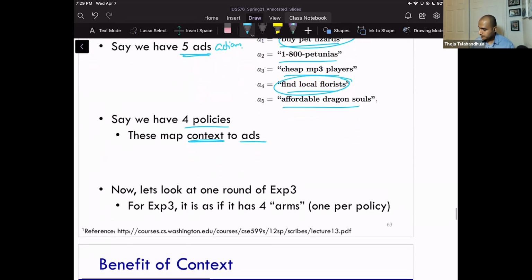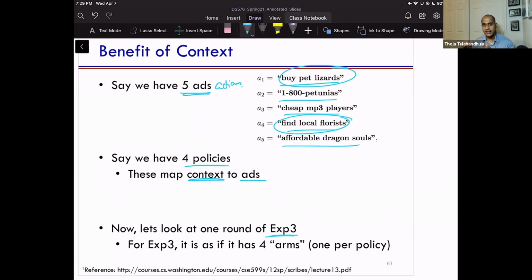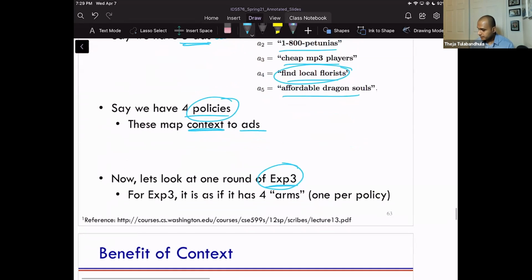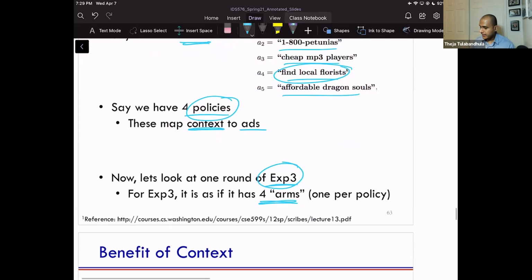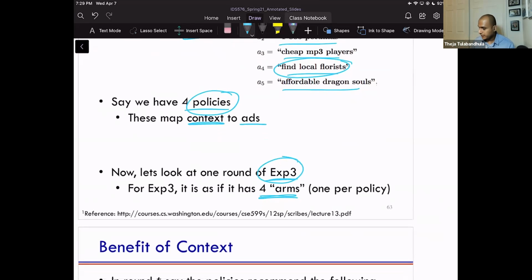Now we have policies and then actions, and we also have context. So we can think of applying EXP3 at the level of policies. Since there are 4 policies, we can maintain 4 weights, as if we have 4 actions or 4 meta arms, and we can try to apply one round of EXP3.